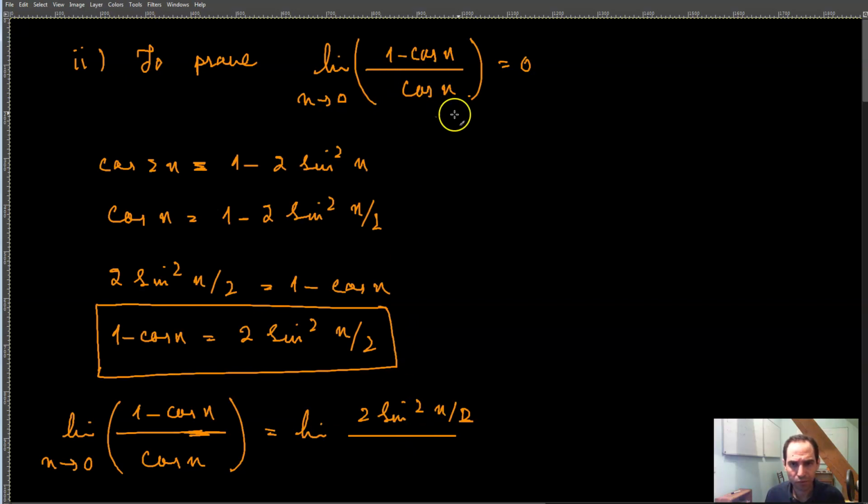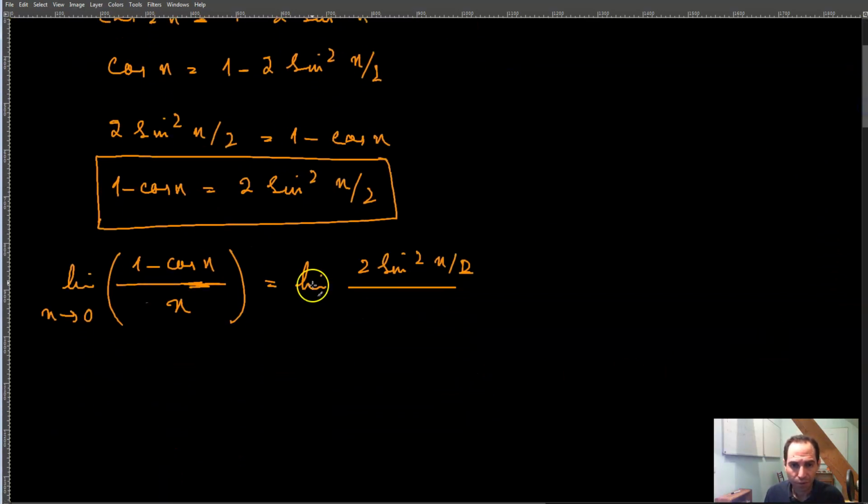Actually this is supposed to be x, I suppose. I think I made a mistake here. This is actually supposed to be x, right? I apologize for this. So the limit of 2 times sine squared x divided by 2, by x, as x tends to 0.